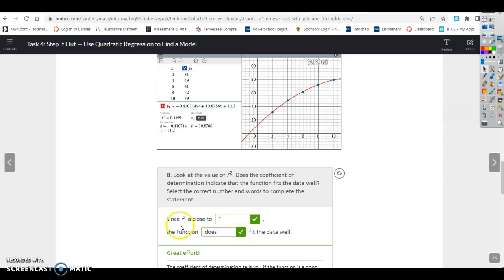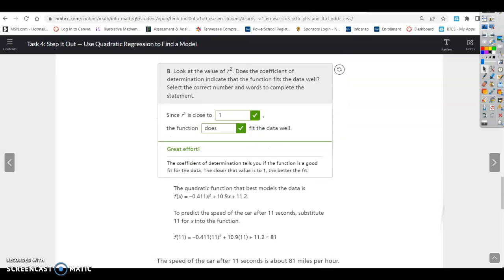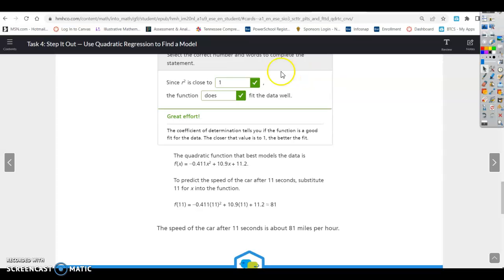All right, so if R2 was close to 0, it would be like scattered points all over the place, like it would represent nothing. So it does have to have an R squared close to 1 in order to be a good model. So it says the quadratic function that best models the data is, and what they did was take the A, the B, and the C and plug it into your standard form here. And that's where the f of x, that's where your equation comes from.